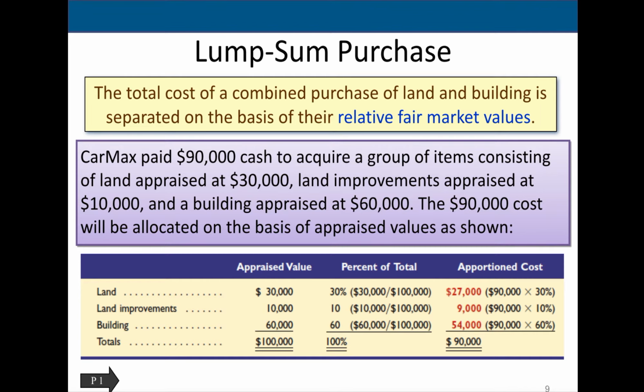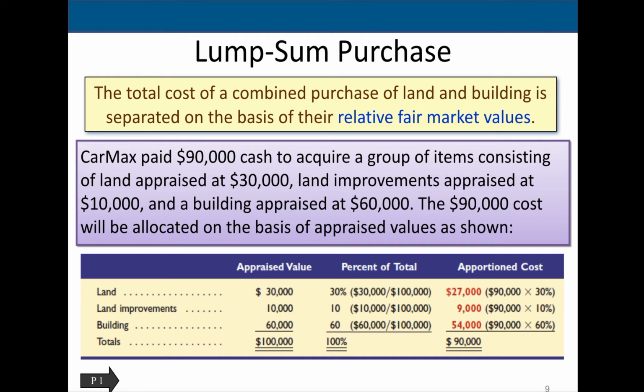Now, that's not really a problem other than the fact that most of the time when you make the purchase, the people you're buying from have not gone out and separated the value of the land, the land improvements, and the building into 3 different categories. So this is an example of a $90,000 purchase.